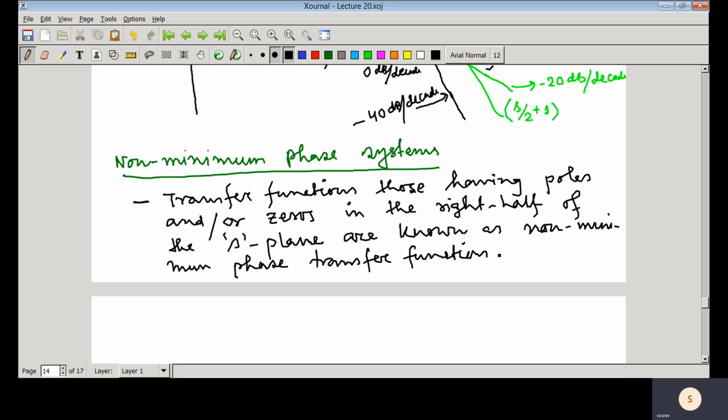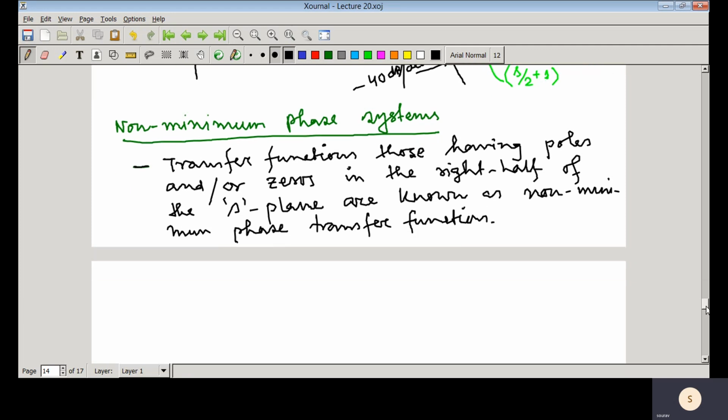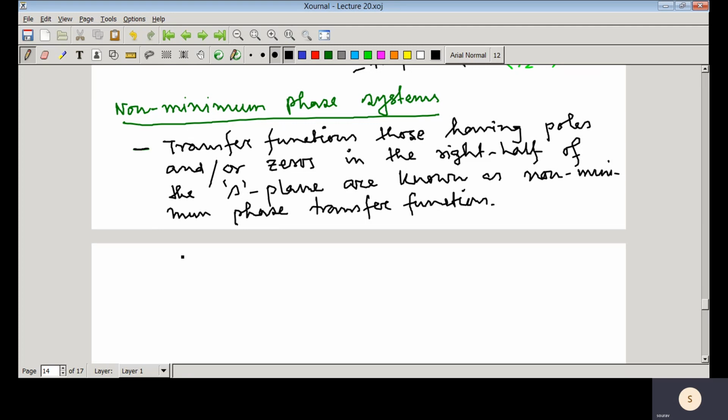We have discussed this in the time domain analysis. If there is a zero on the right half of the S-plane, we have seen what the time response looks like. If this is t and this is y(t), there would be one negative kick, a negative overshoot, and it goes like that.